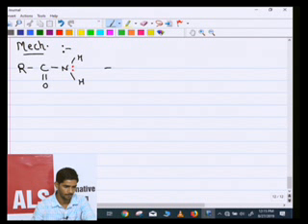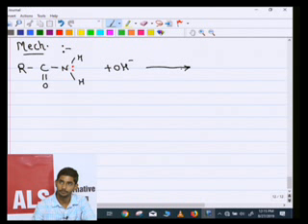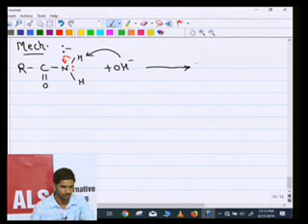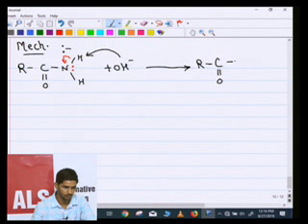Now, in the first step, base will come and it will abstract the proton, and after that obviously you will get a negative charge on this one, and it will look like R CO N negative H, and H2O has been released.